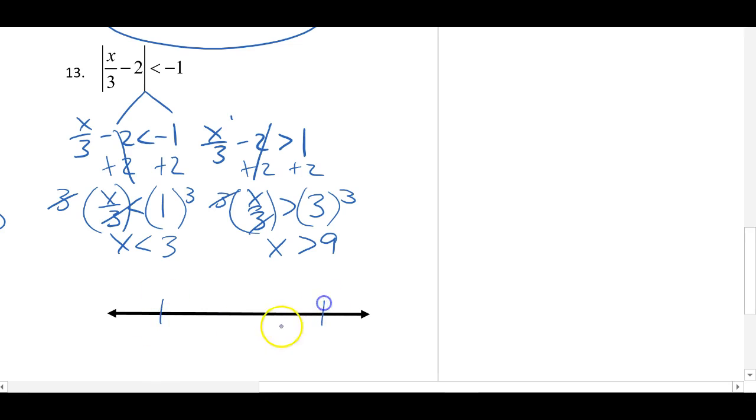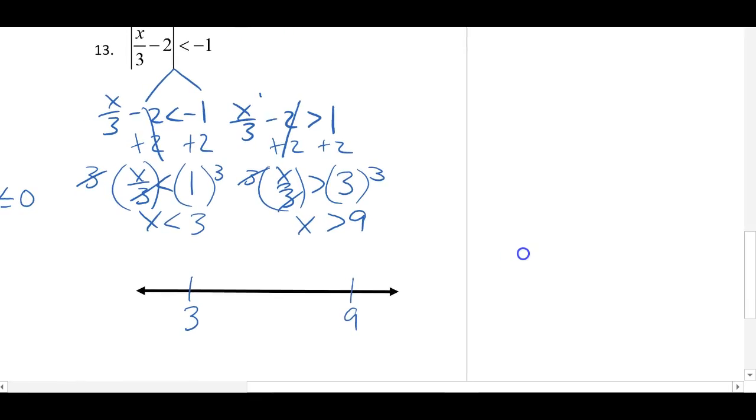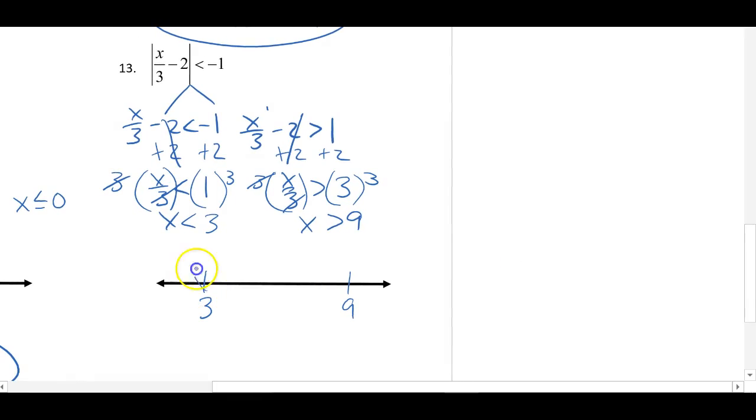Then go to your graph. 3 goes on the left because it's smaller. 9 goes on the right because it's bigger. This is going to be an open dot. Okay, let's start with 3. Well, 3 says x is less than 3, so that means x is going to the left. And this says x is greater than 9, so it's going to the right.